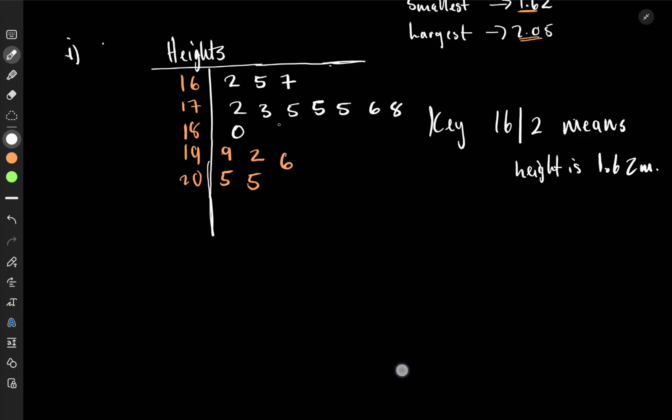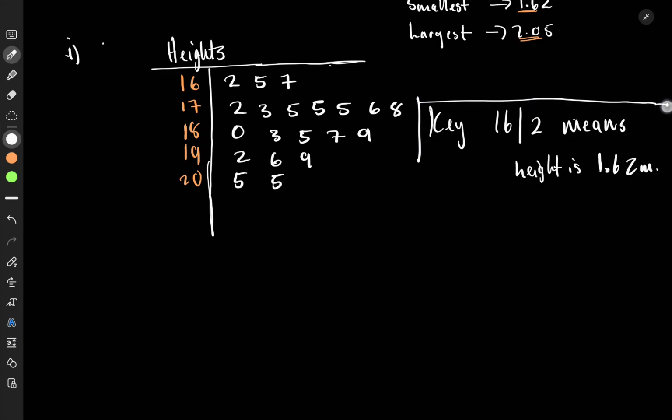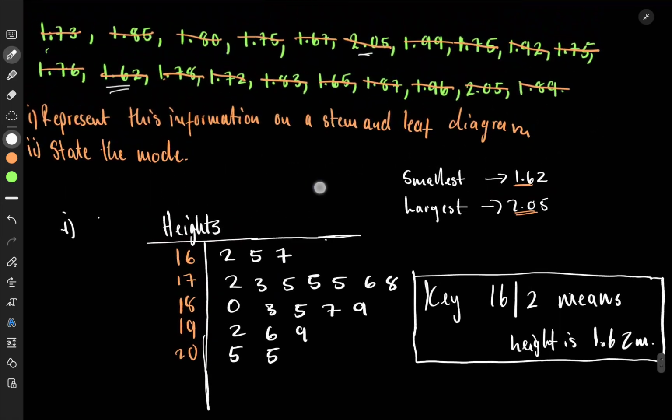I don't recommend you to do what I'm doing because you can make a mistake. 926, so it's going to be 269, then 55. So here it'll be a 5 and a 5, and we are done. Here are the heights, and we have the key. Don't ever forget the key, and then you can have all the values.